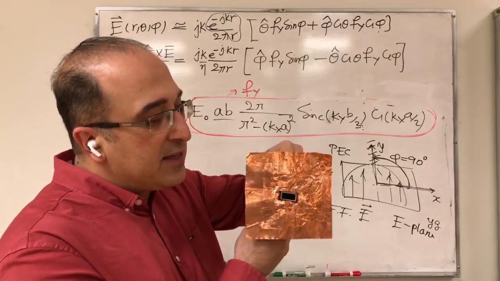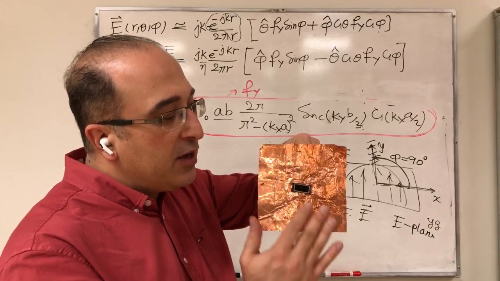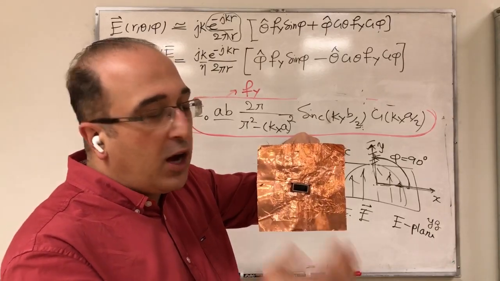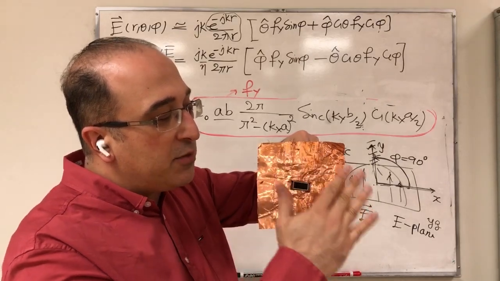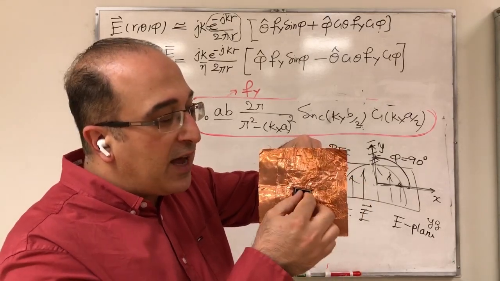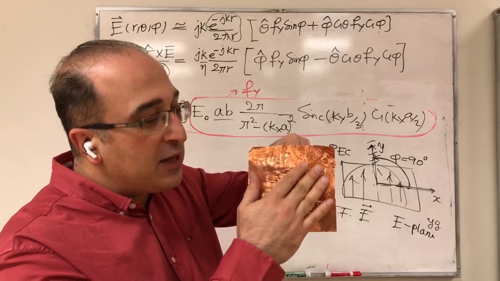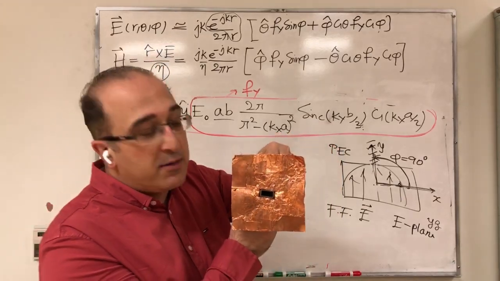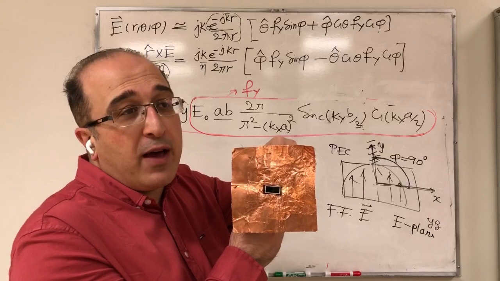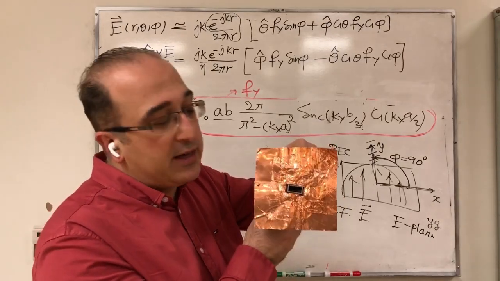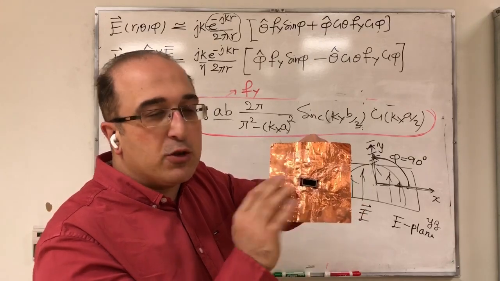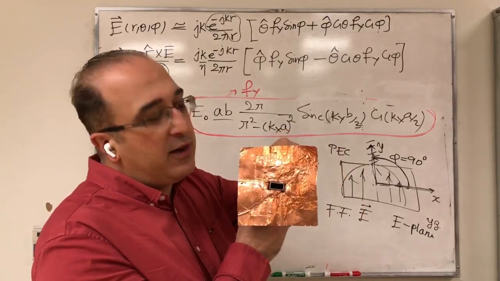This is essentially a copper tape that I have. So the aperture of the waveguide is mounted on a PEC plane. This is going to be our XY plane. Over the aperture, we know the field, and we know that E tangential over the metal is 0. In fact, we know the field everywhere on the XY plane now. We assume that this is very big, so we can say it goes to infinity.